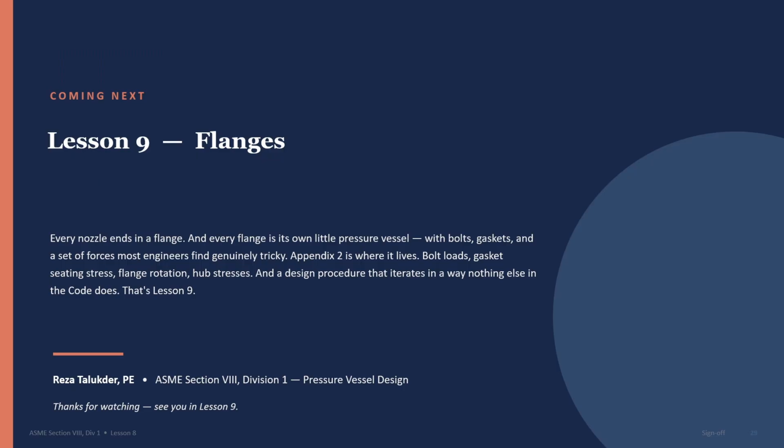And with that, we have reached the end of lesson 8. In lesson 9, flanges. Every nozzle we design today ends in a flange somewhere. That flange connects the vessel to piping. And every flange is its own little pressure vessel with bolts, gaskets, and a set of forces most engineers find genuinely tricky the first time they see them.